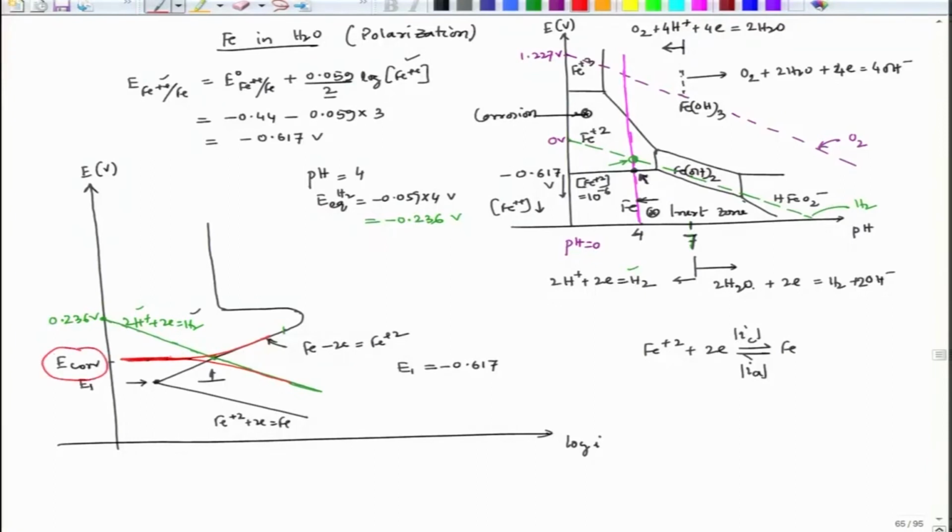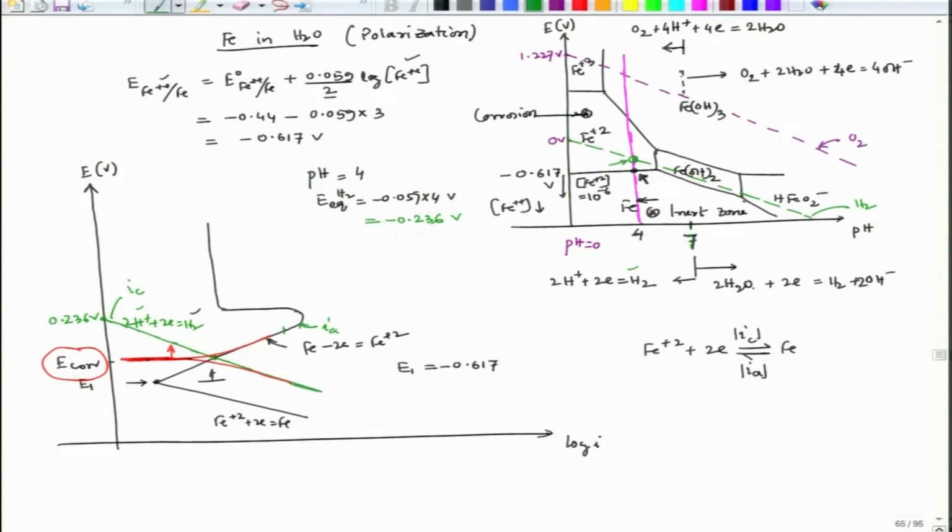So, beyond this, as we go ahead, we could see that we are only considering I_a, because the current density corresponding to I_c is very low compared to I_a. This is basically nothing but I_a. Okay.